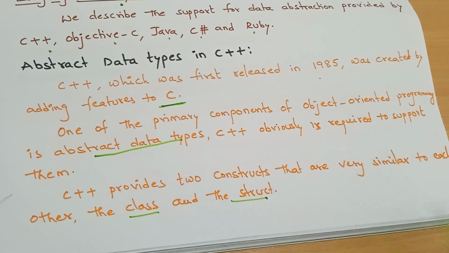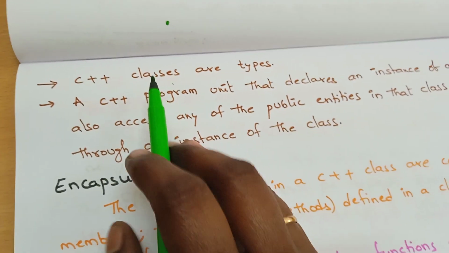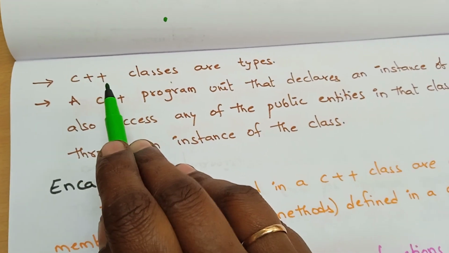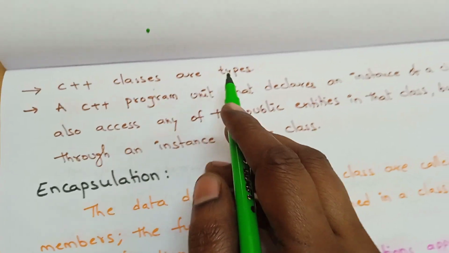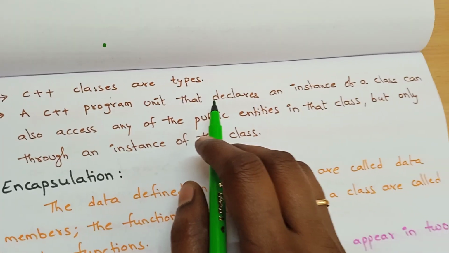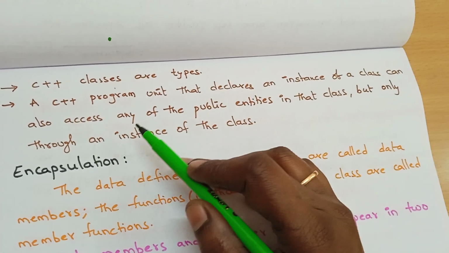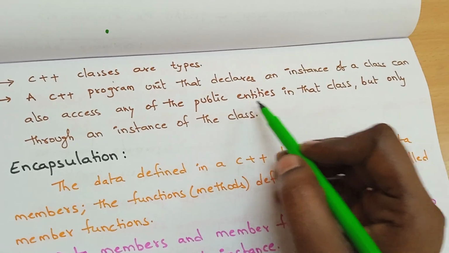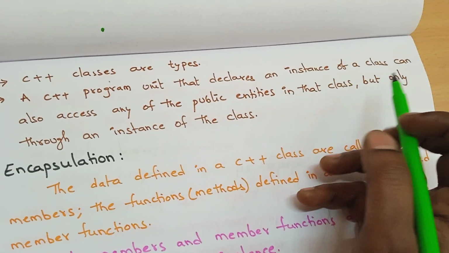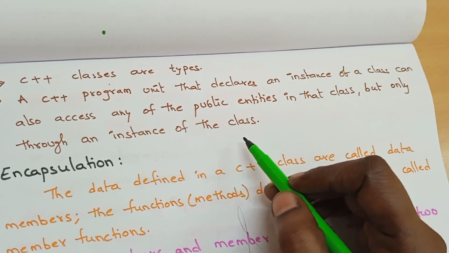That's what structures are. C with classes is popularly known as C++ classes or types. A C++ program unit that declares an instance of a class can also access any of the public entities in that class, but only through an instance of the class.